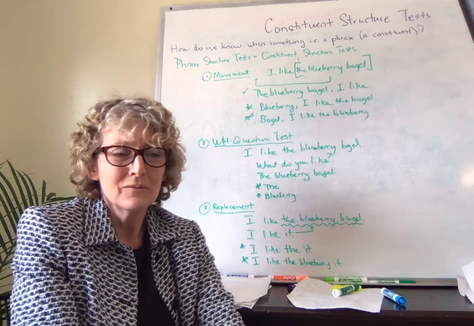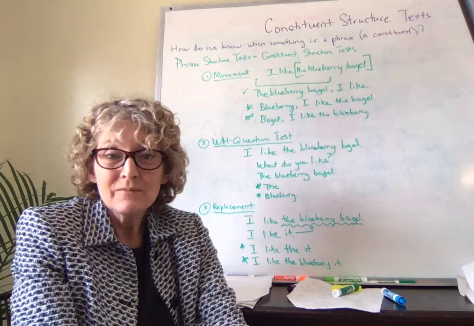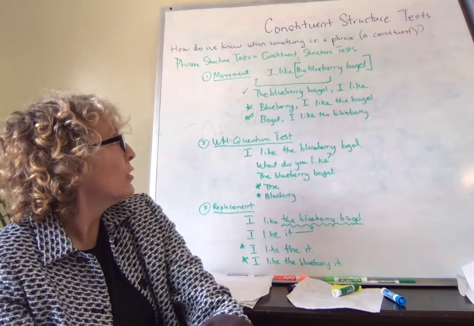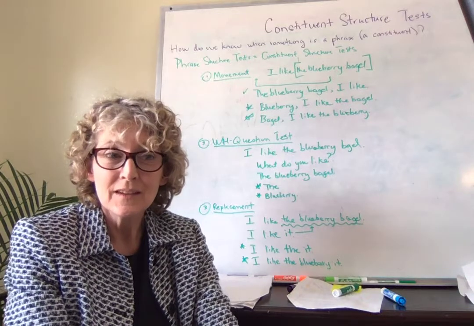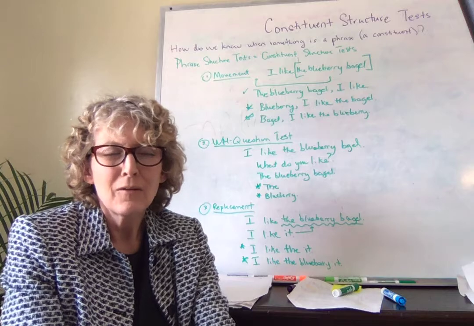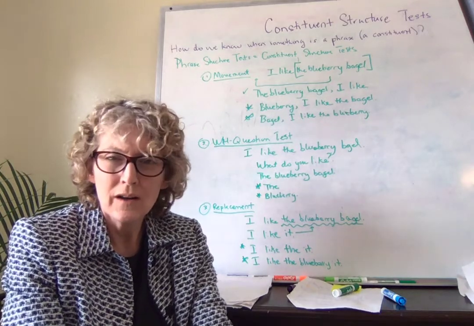Like, I don't even know you. But it would sound like an English sentence. Whereas if somebody came up to you on the street and they said, bagel, blueberry, then I like guy, you'd probably have a different reaction to that person.